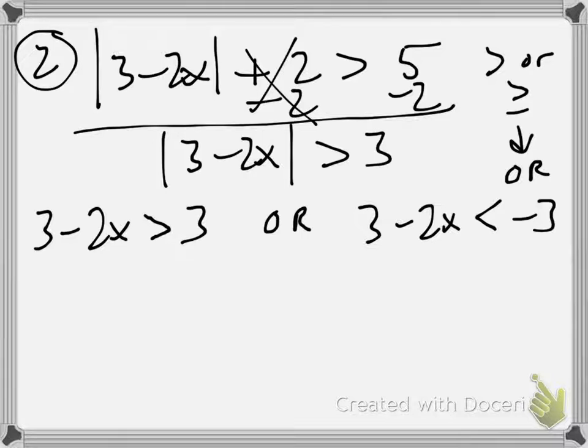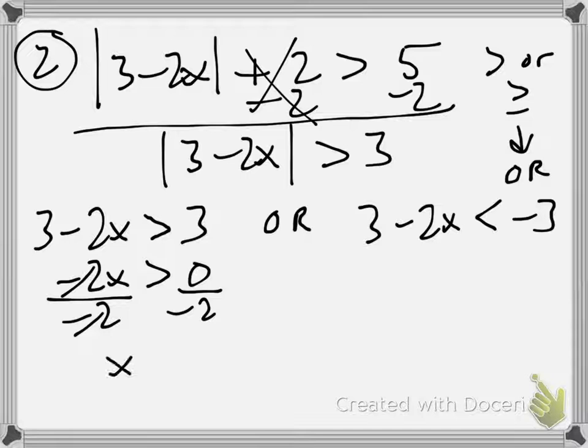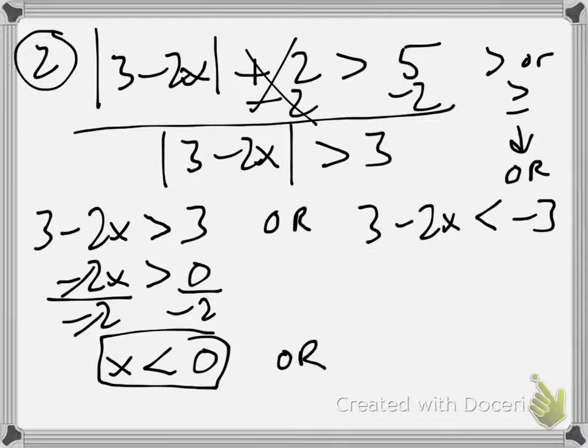So you solve them separately. Negative 2x greater than 0, because if you subtract 3 to both sides. Now, one thing that I don't know if we really got into earlier is if you are dividing both sides of an inequality by a negative number, you got to switch that sign. So greater than becomes less than. Now, same thing over here.